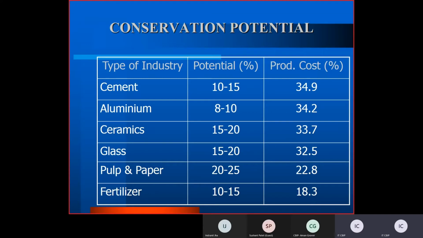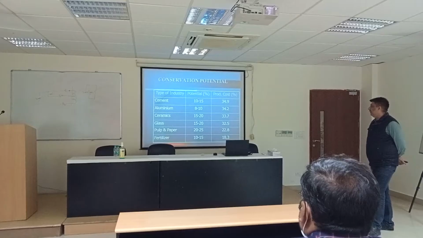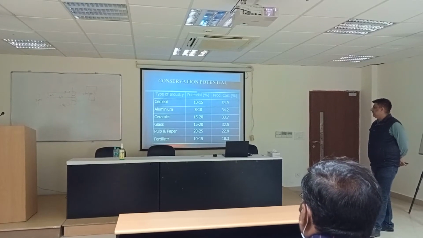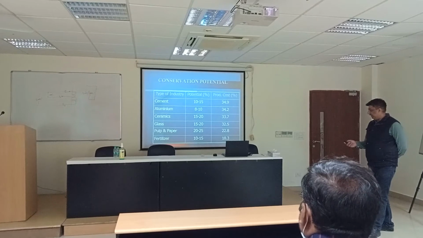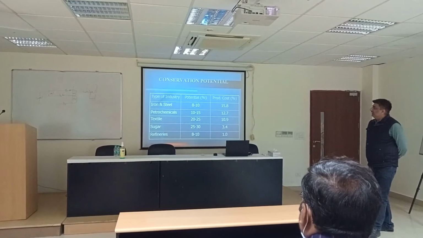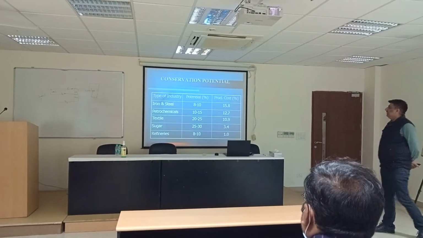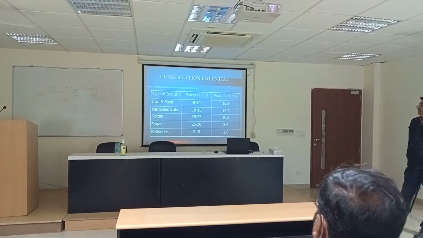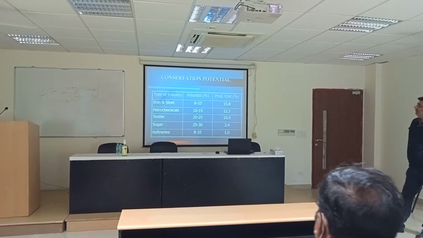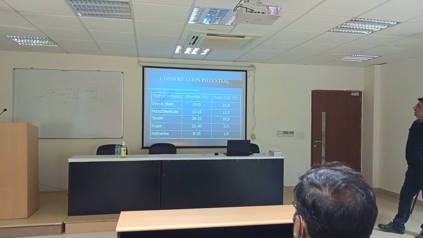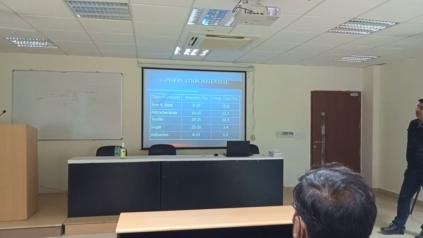For pulp and paper, 20 to 25% potential saving is there and the production cost percentage is 22.8. In fertilizers, it is 10 to 15 and 18.3. Iron and steel industry, it is 8 to 10% and production cost roughly 15.8. Petrochemicals 10 to 15, and production cost is 12.7.